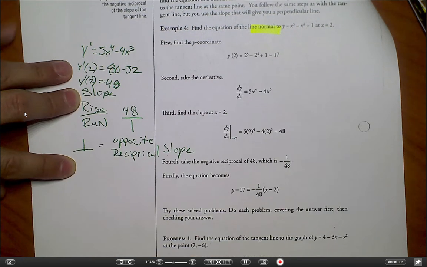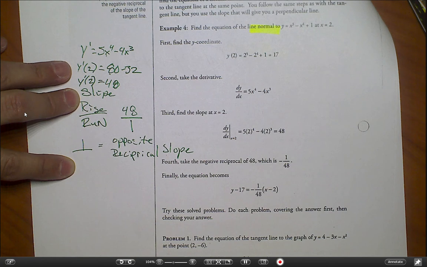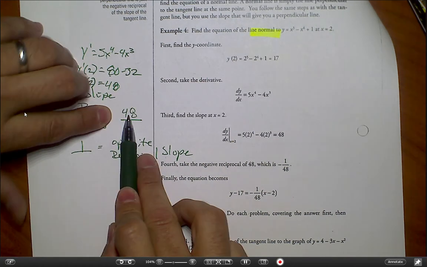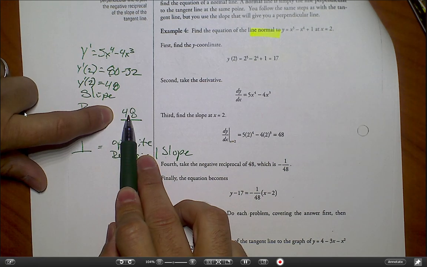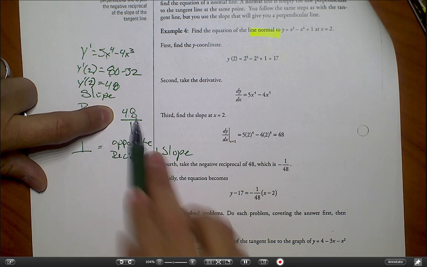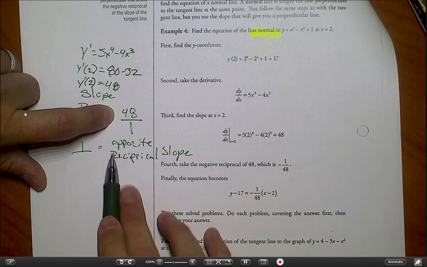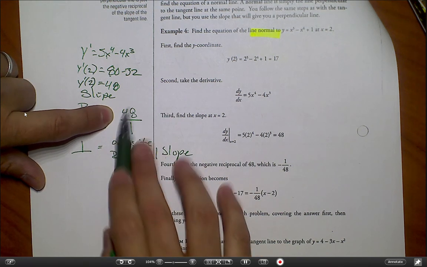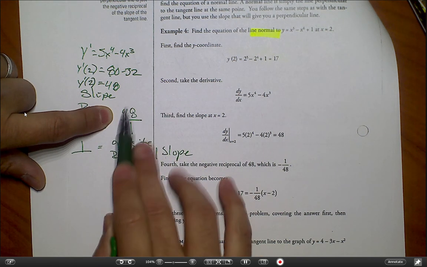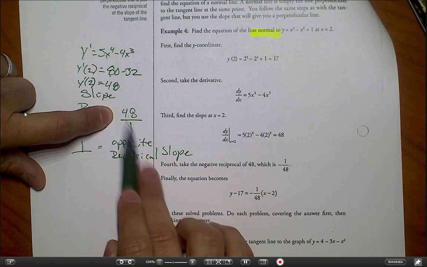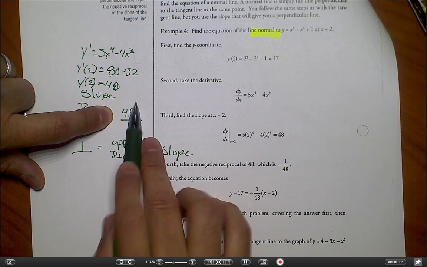So opposite reciprocal slope. This is positive 48, so the opposite of that makes it negative 48, right? And I take the reciprocal, so this is 48 over 1, and the reciprocal flips that over, so it's going to be 1 over 48.